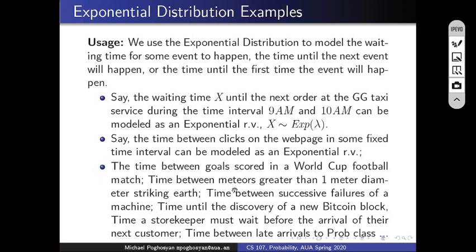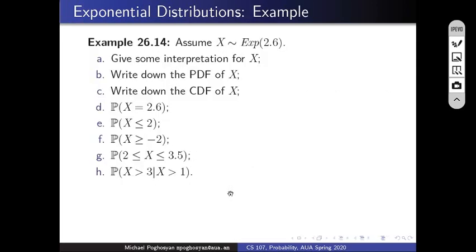So these are all cases when we can use the exponential distribution. Before going deep into this distribution and talking about different usages and the connection with the Poisson distribution, let's solve a problem.